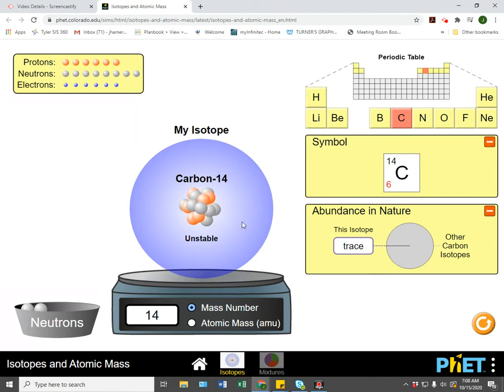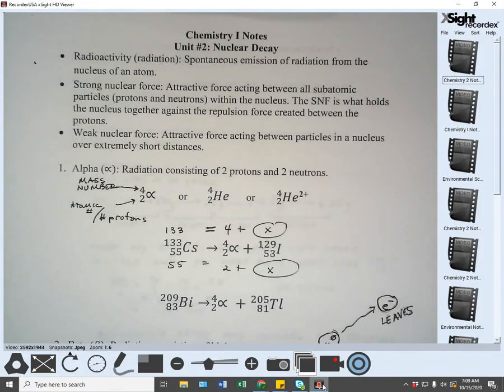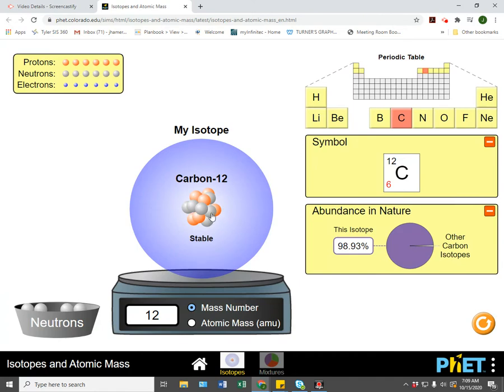Okay. So what happens is when this becomes unstable, it's having a hard time holding everything together.